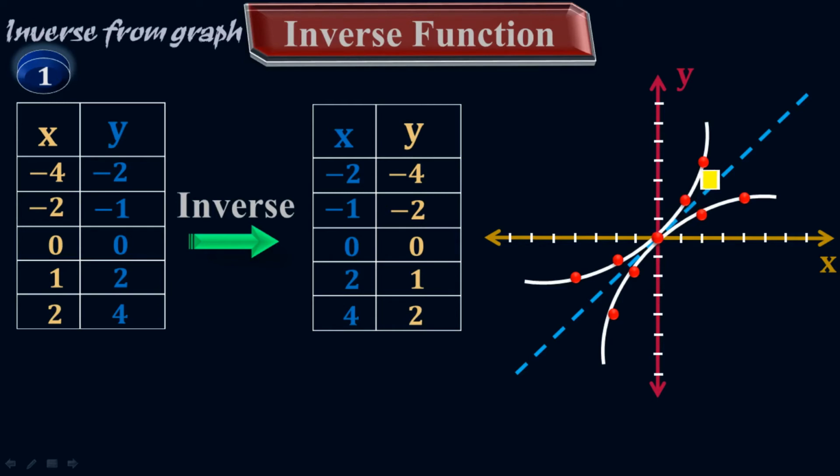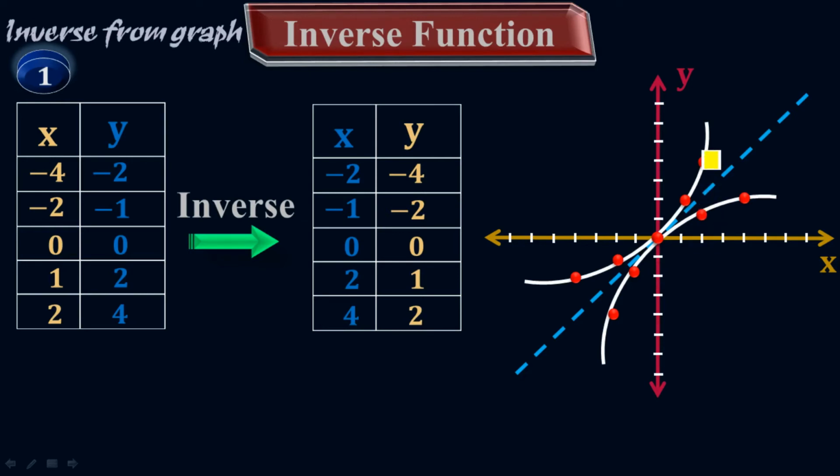Similarly, when you compare this fifth point of the original function with the inverse function, at this point my x value is 2 and my y value is 4. So at x equals 2, this point makes the point along the x-axis at +2.